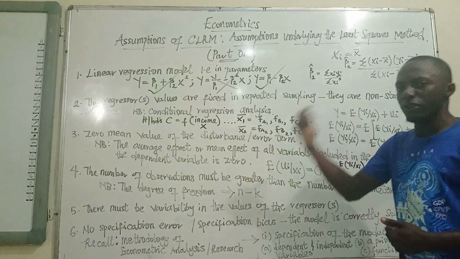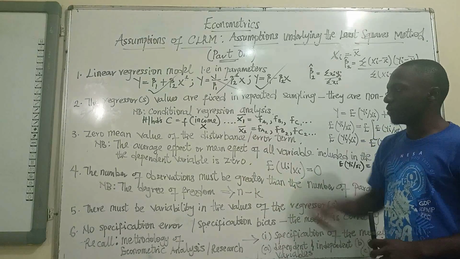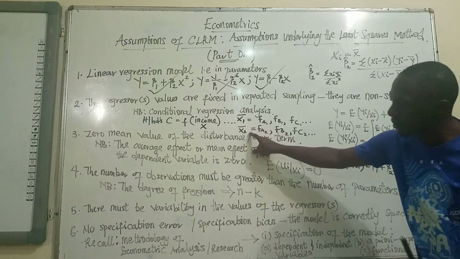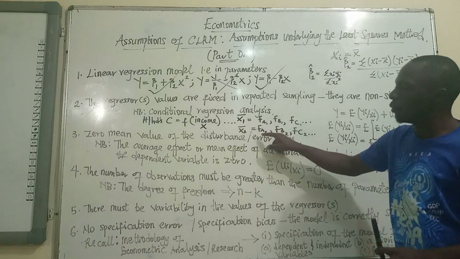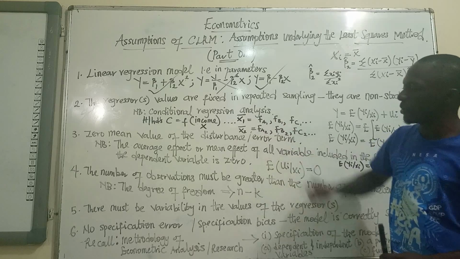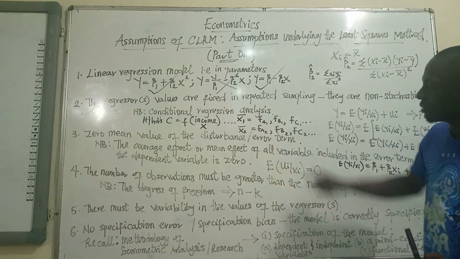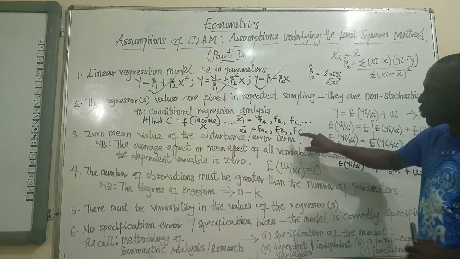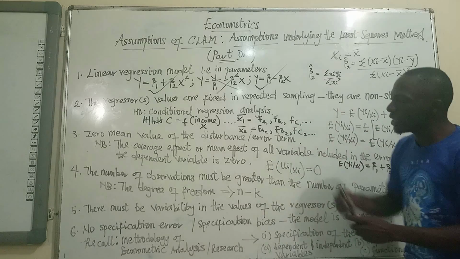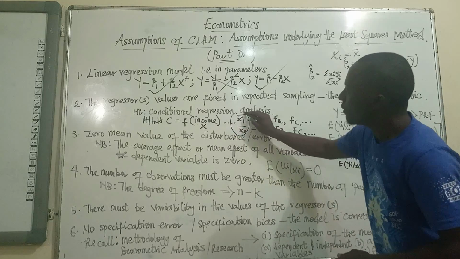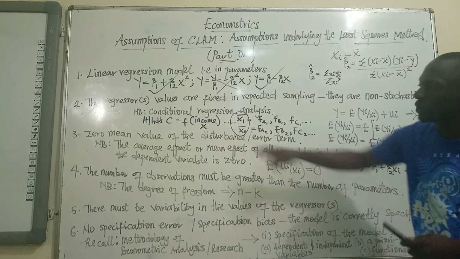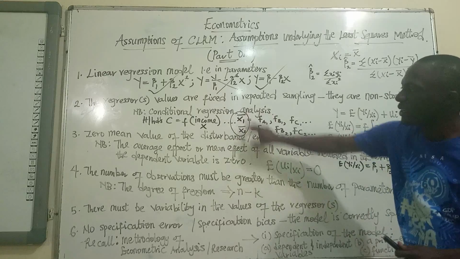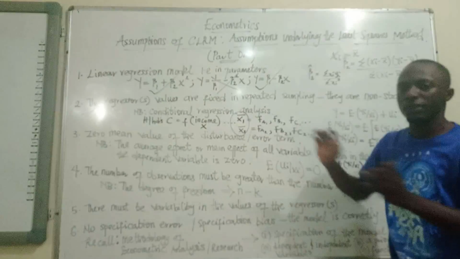Now I can also move to another income level like X2. It is also fixed. With this X2, I can get the new level of consumption expenditure of family A, the new level of consumption of family B, and also of family C. So here you see that the values of the income, which is our regressor in this instance, are fixed, but over different sampling.